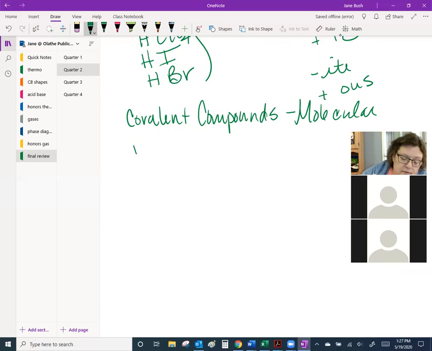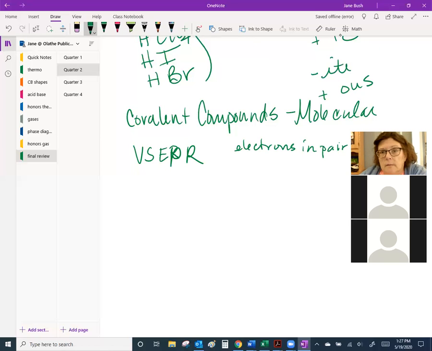So we have to follow the valence shell electron pair repulsion, the VSEPR theory, which says electrons are in pairs, which we already know because we did electron configuration and we know they're always in pairs.